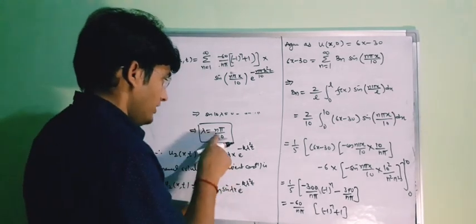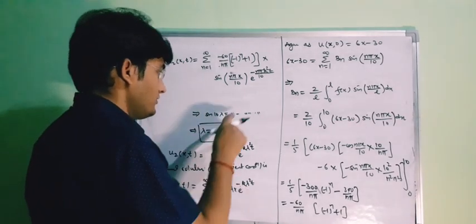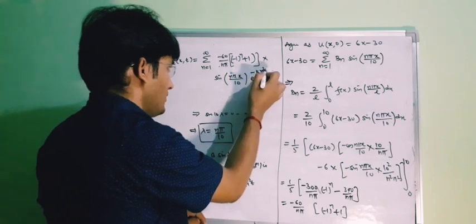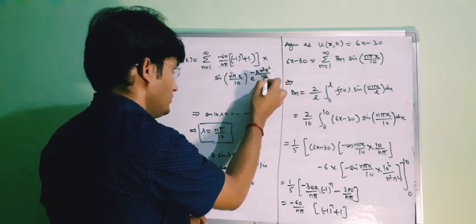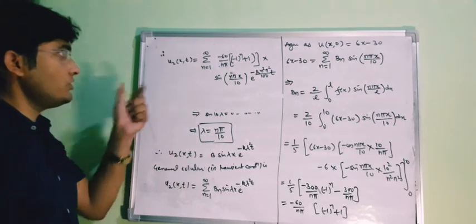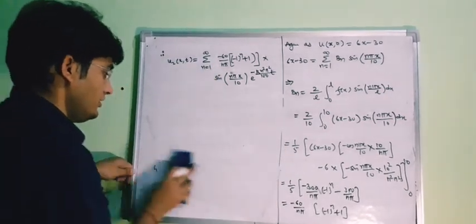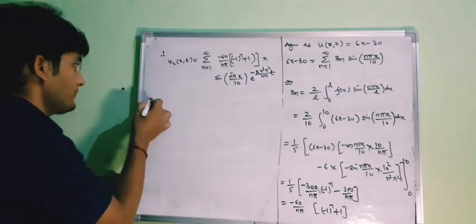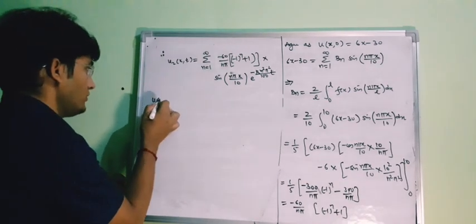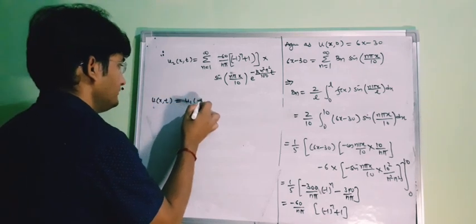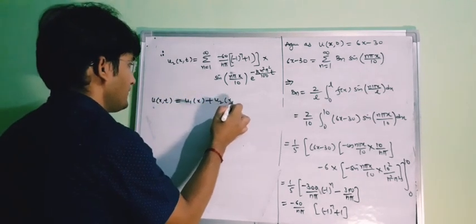So now if you put the value of lambda here, this will become minus k n square pi square upon 100 into t. So this is your u(x,t). Now therefore your final solution will be u(x,t) equal to u1(x) plus u2(x,t).